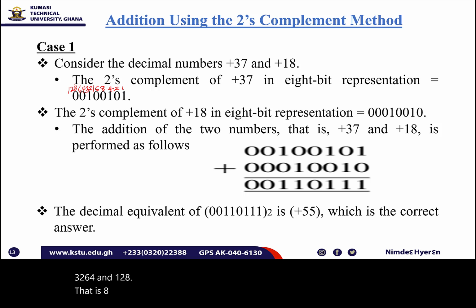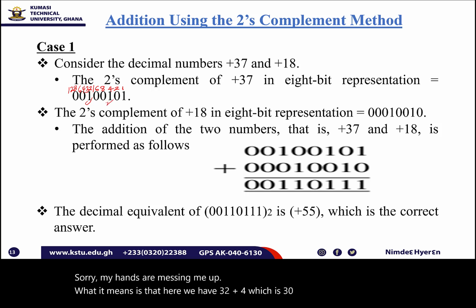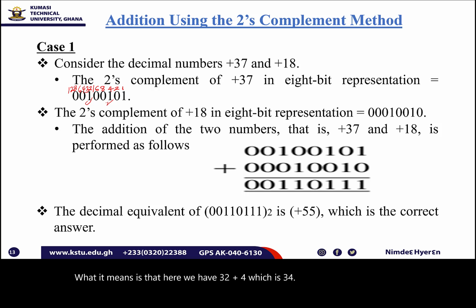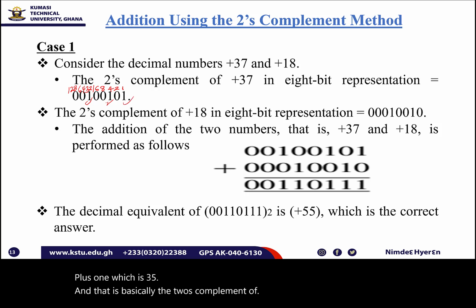Wherever you see a 1, here we have 32 plus 4, which is 36, plus 1.